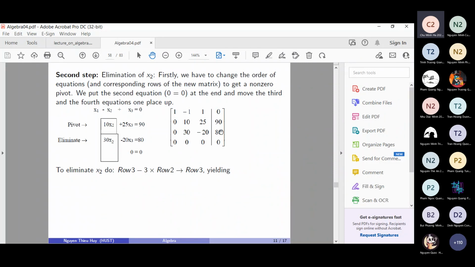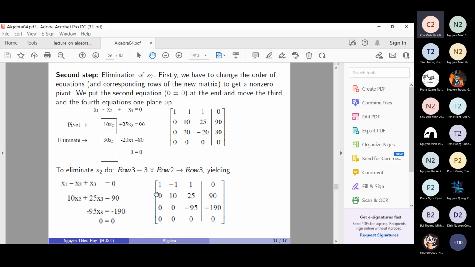So row 3 minus 3 multiplied by row 2, so we obtain 0 here, and the others come as a result here. This means that we multiply the second equation by minus 3 and add it to the third equation, and we obtain a simpler form of the matrix and then a simpler form of the system. Actually, what we are doing here is working only with the matrix, and then we rewrite it as the system, because we know that this is equivalent.